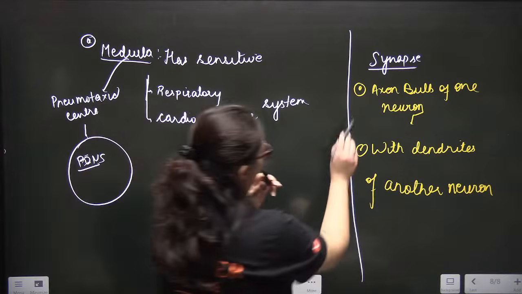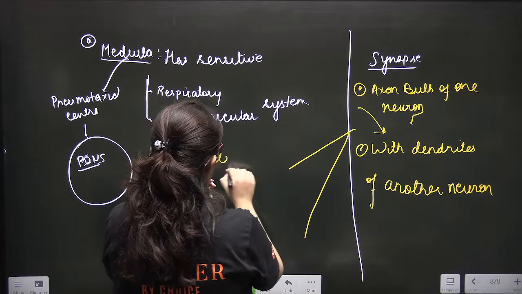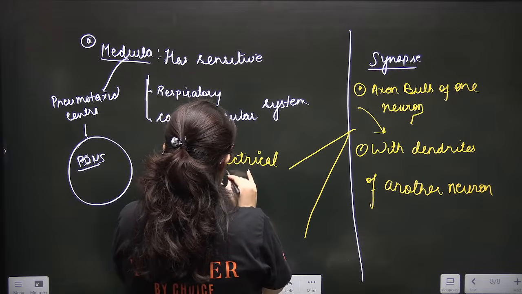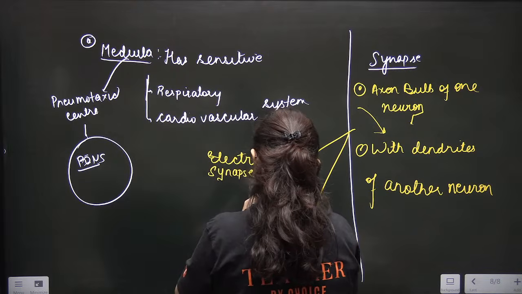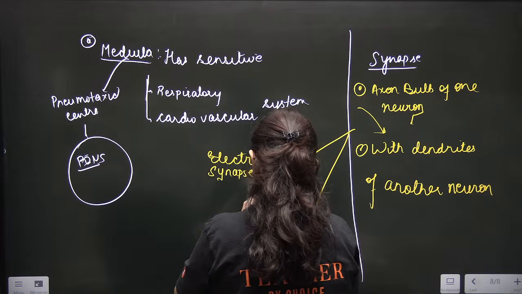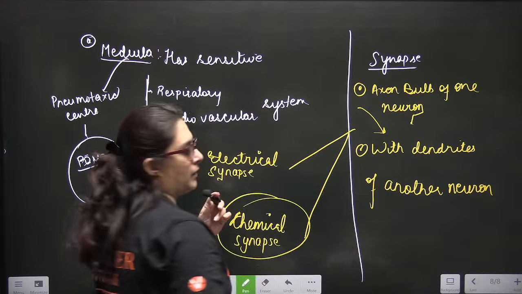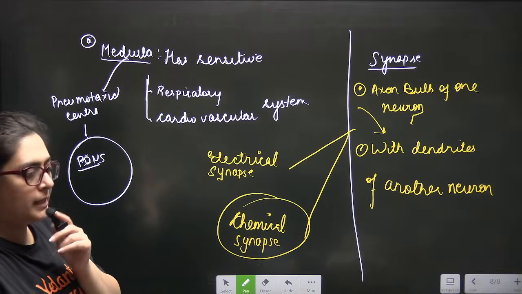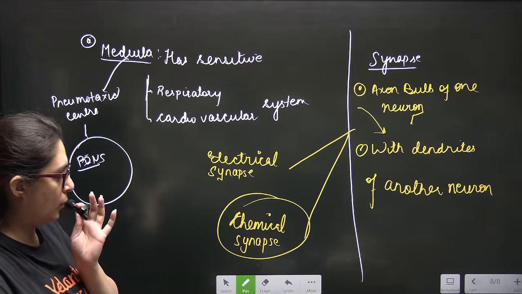Now, this synapse is of two types: electrical and chemical synapse. Okay. So electrical is just about the transmission of electrical impulse, and in chemical we are involving a chemical, acetylcholine, a neurotransmitter. Okay.